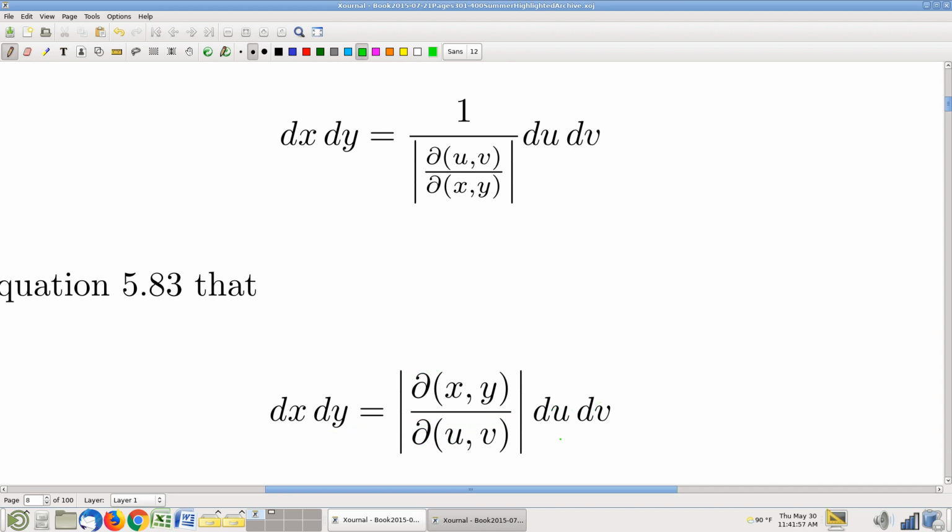It's definitely a crime, definitely not okay, and yet it pushes you in the right direction. Likewise over here, it's as if we have to divide because I need this to cancel with that, and this being in the denominator of the denominator, it's like it's in the numerator as it should be.